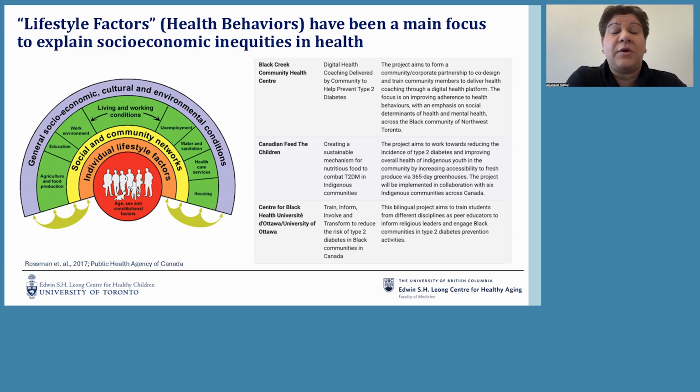And this is a very common strategy in public health: to figure out whether there's a program or an intervention we can offer that helps improve health behaviors in socioeconomically disadvantaged populations.